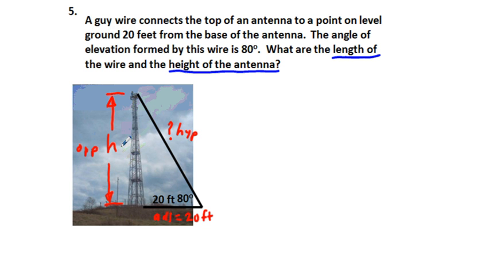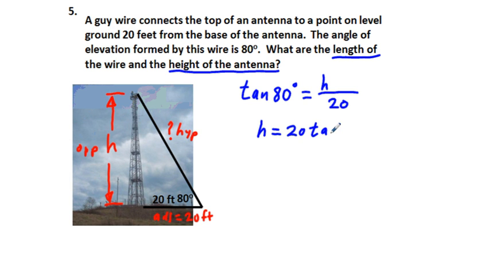I think just because we did it with tangent earlier, we're going to use tangent again. This time we have our tangent of our angle of observation, 80 degrees, is going to be equal to our height over 20 feet. And cross multiplying, we have height is equal to 20 tangent of 80 degrees.